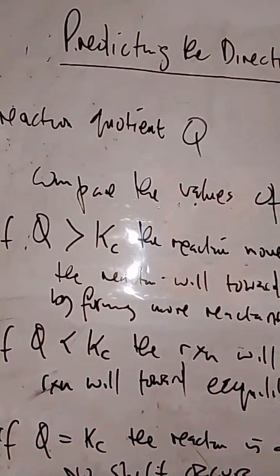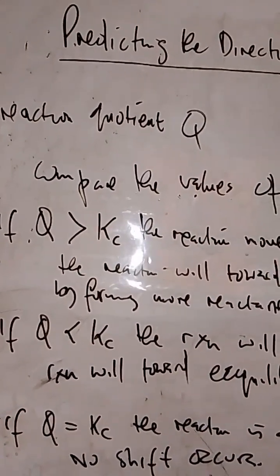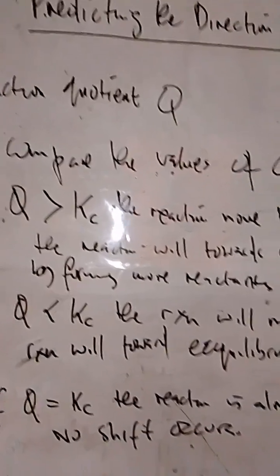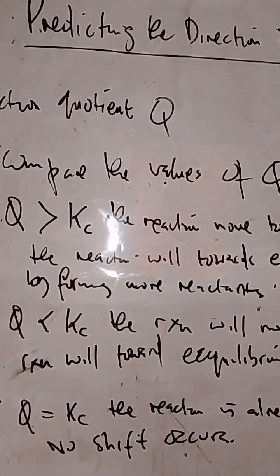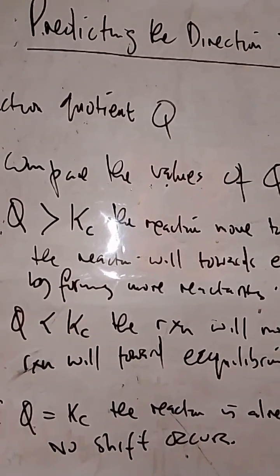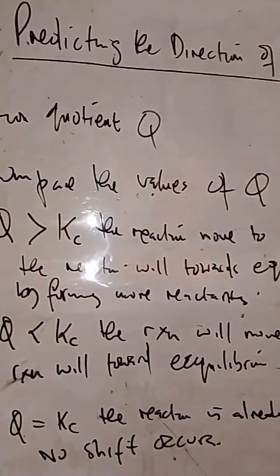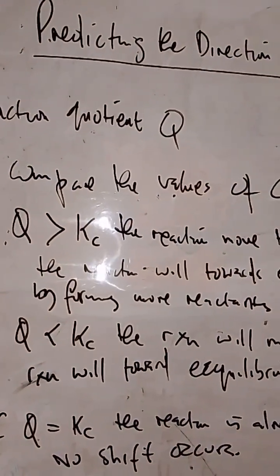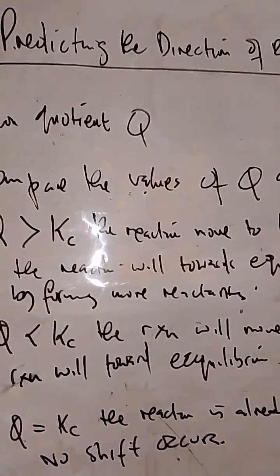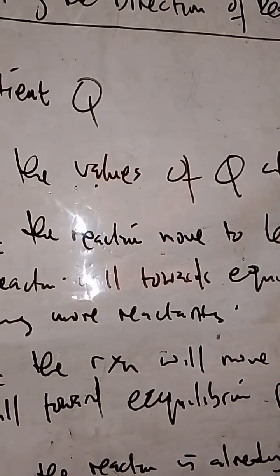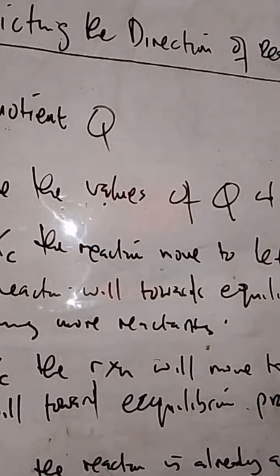Okay, so having this, we can now determine in which direction the reaction will move to attain equilibrium by comparing the values of Q and Kc. In this case, the value of Kc can be given.